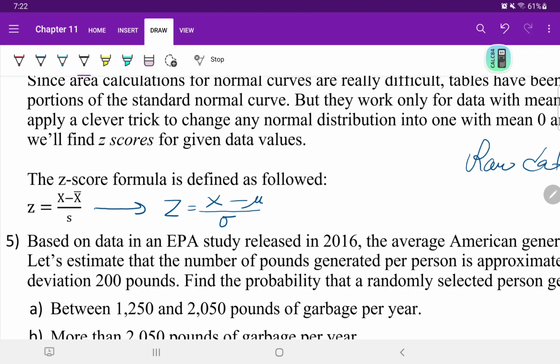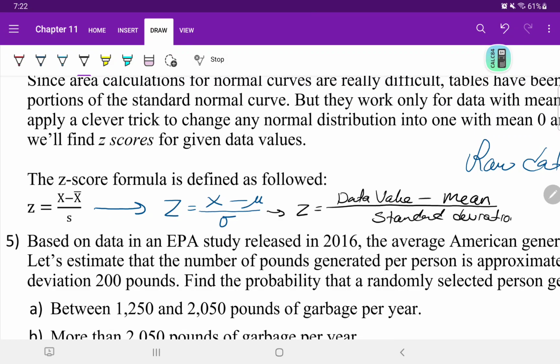Basically, your z-score is equal to your data value minus the mean divided by the standard deviation. So keep that in mind. It is data value minus mean divided by standard deviation.